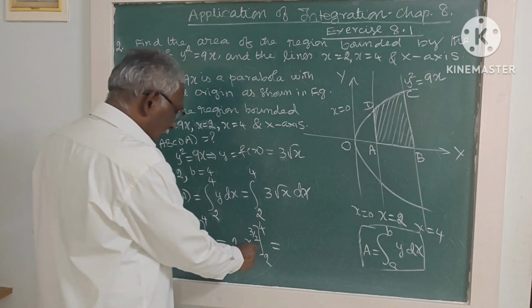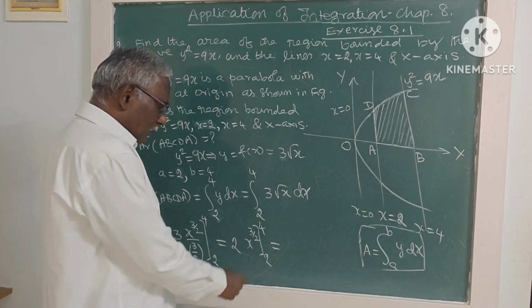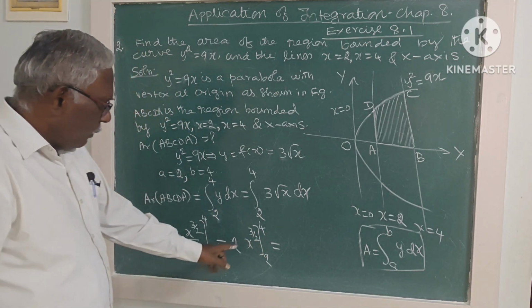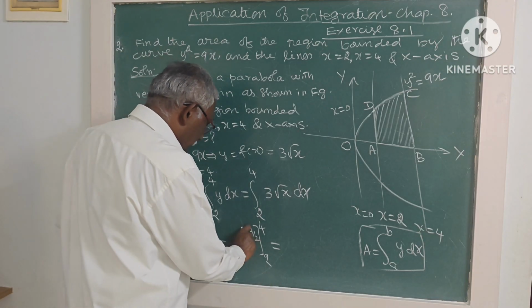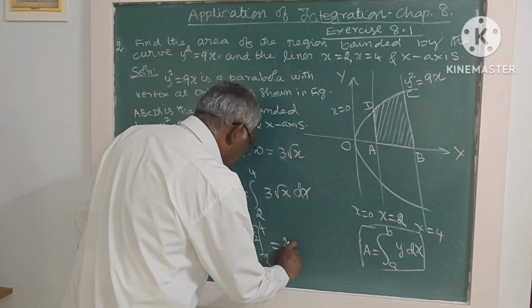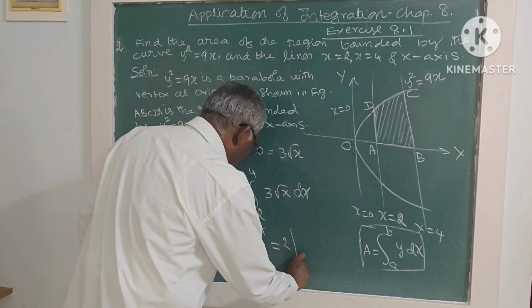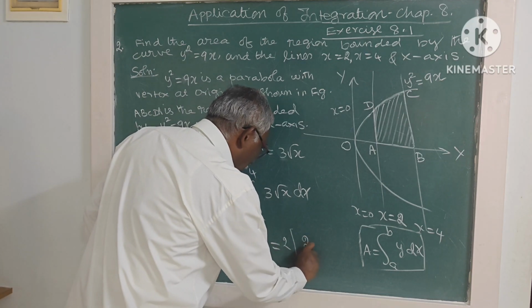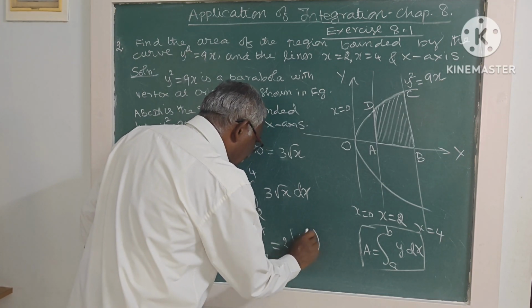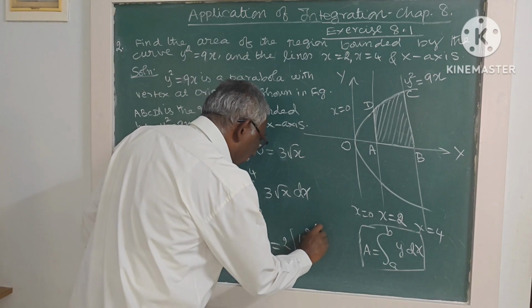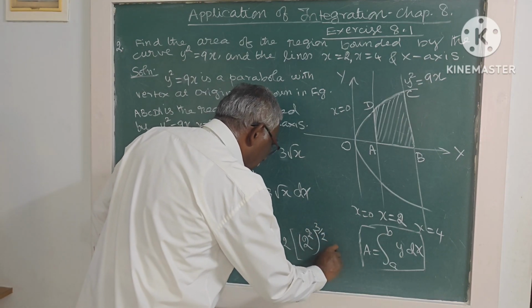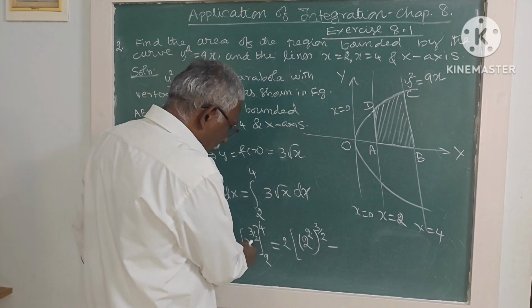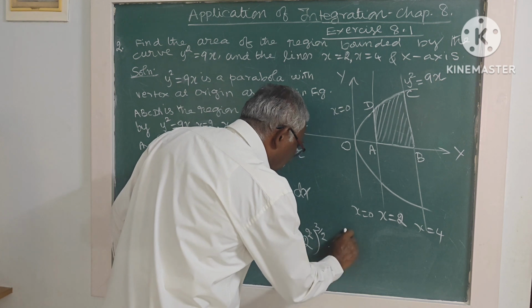Again for x we will substitute 4. 4 means 2 square. So 2 times 2 square power 3 by 2, minus x is 2, 2 power 3 by 2.